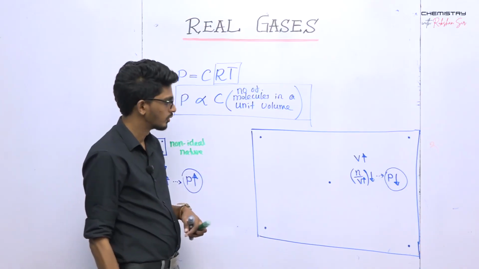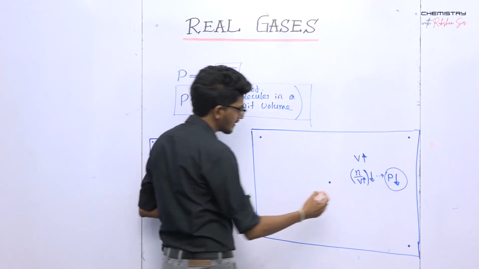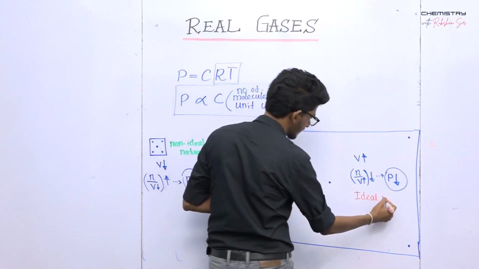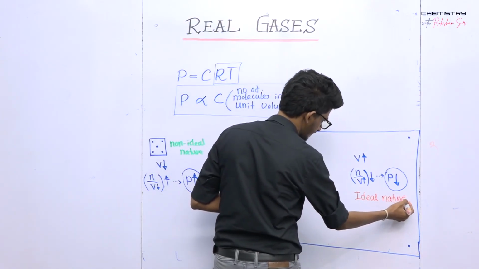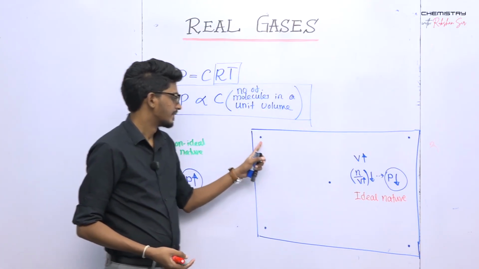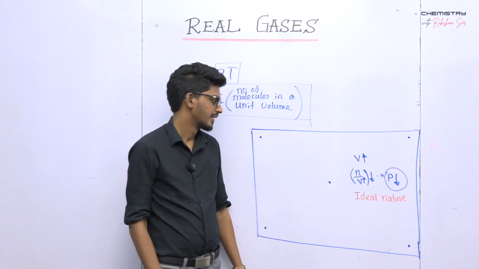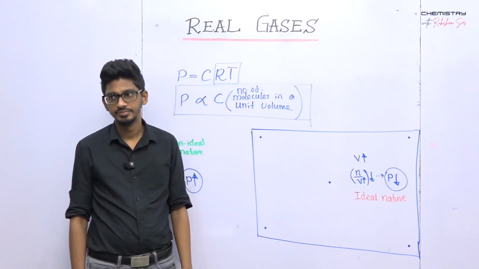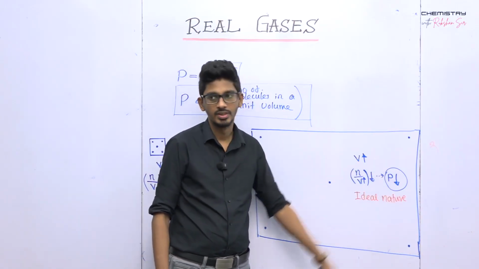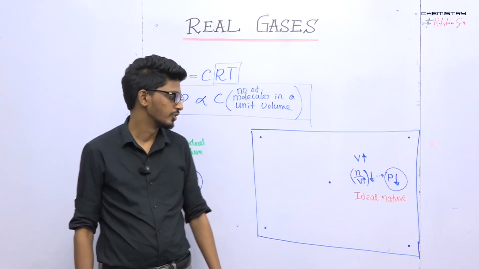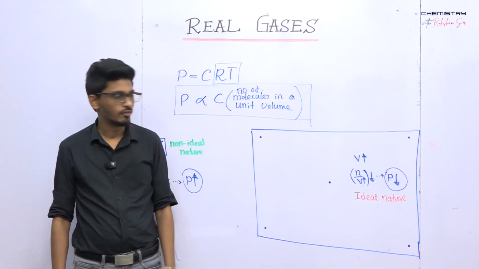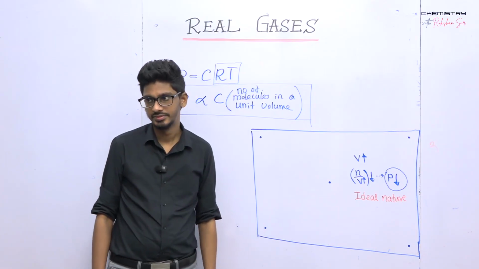So that is the ideal nature. Compared to the volume of the vessel, the volume occupied by gas molecules is negligible. That happens when the pressure is very low. Real gas molecules also tend to behave ideally. That is how the volume factor is addressed.